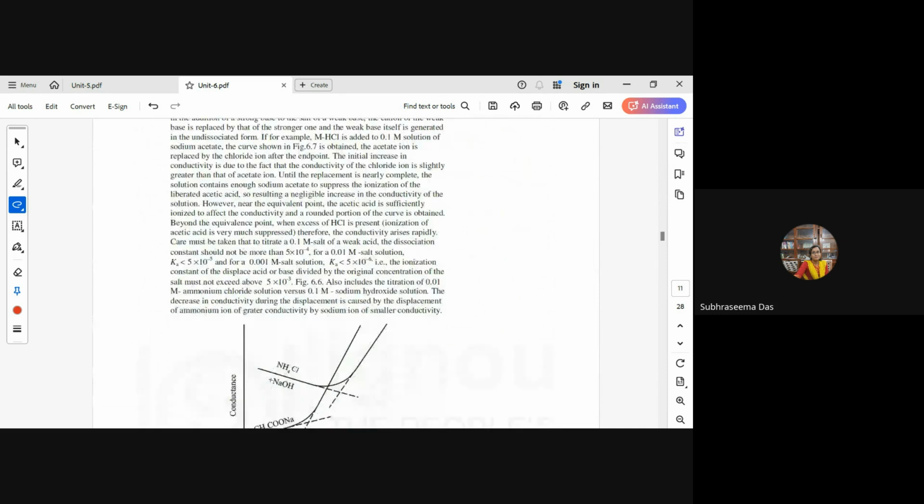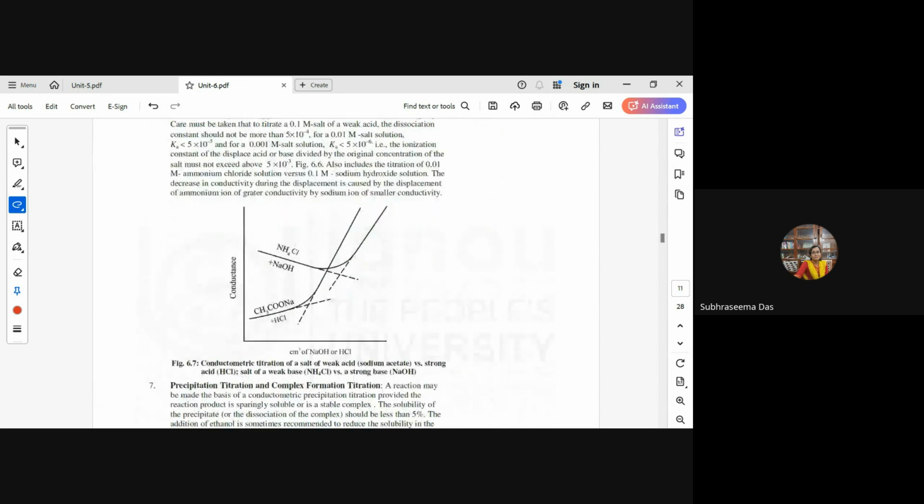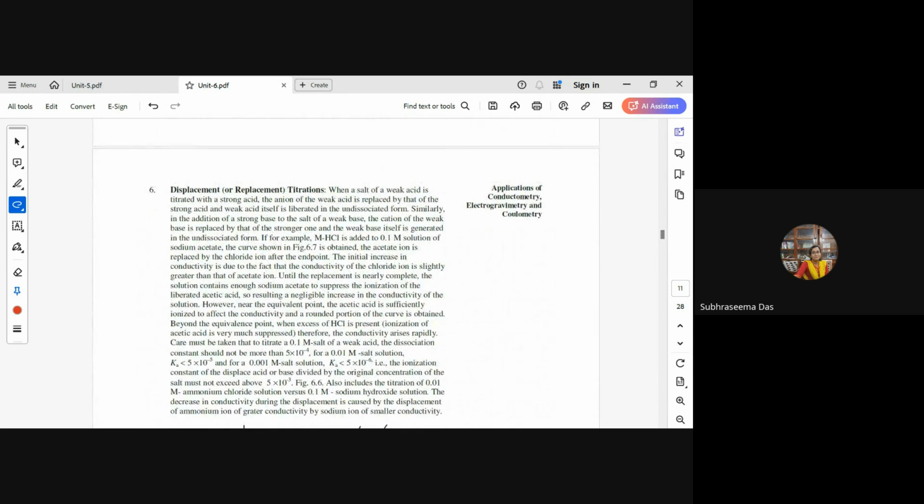Now, conductometric titration has also been employed for displacement or replacement titrations, and a typical curve is shown in figure 6.7. When the salt of a weak acid is titrated with a strong acid, the anion of the weak acid is replaced by the anion of the strong acid, and the weak acid is itself present in the undissociated form.